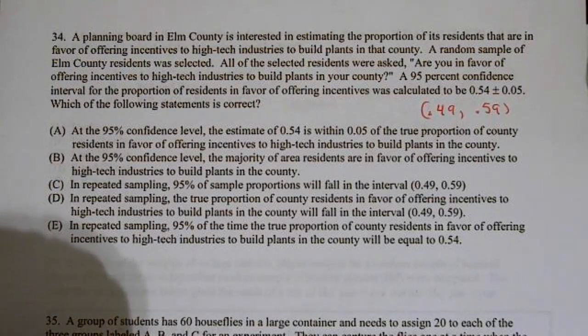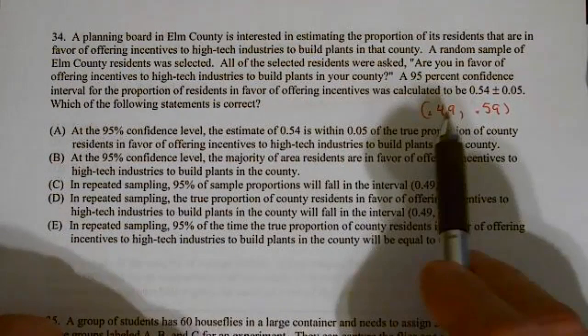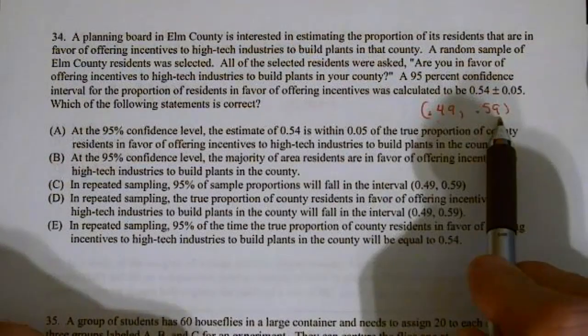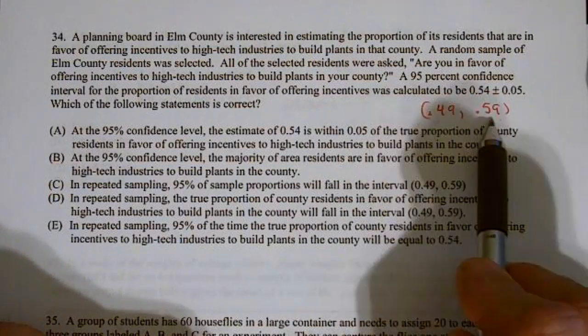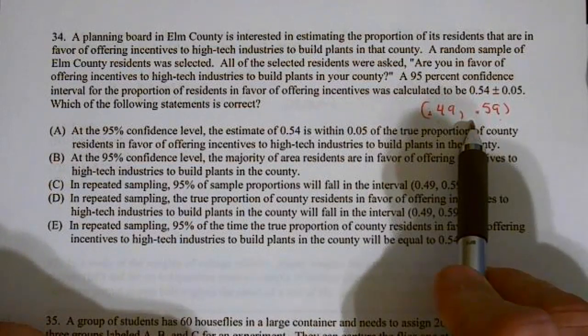A 95% confidence interval for the proportion of residents in favor of offering incentives was calculated to be 0.54 plus or minus 0.05. So basically as low as 49% and as high as 59%. So we're 95% confident the true proportion lies within this interval.